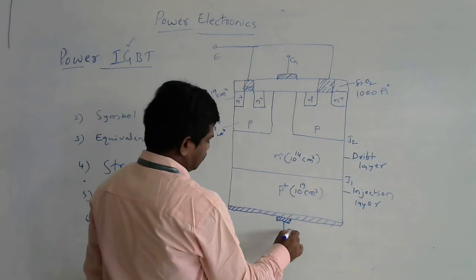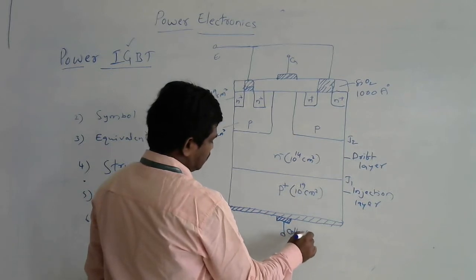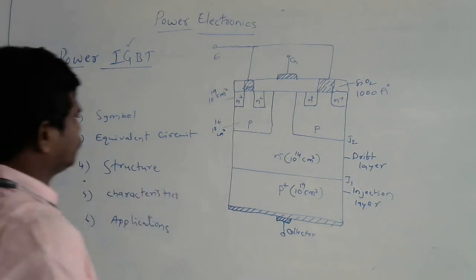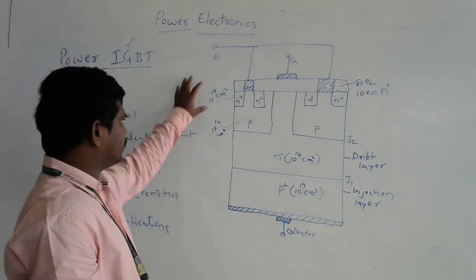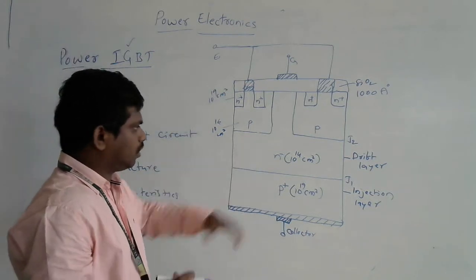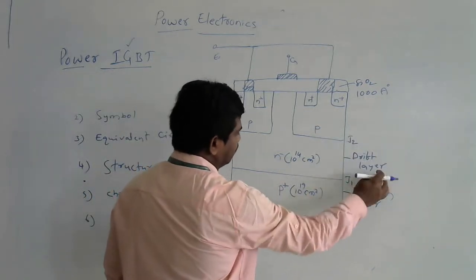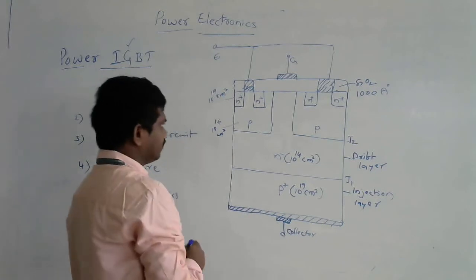This is the collector, right? So you draw the same thing. You have to remember a few things: these values, the junctions J1 and J2, that this is the drift layer and this is the injection layer.